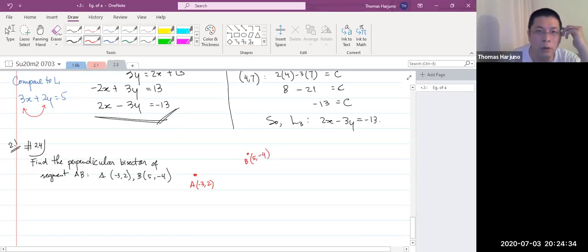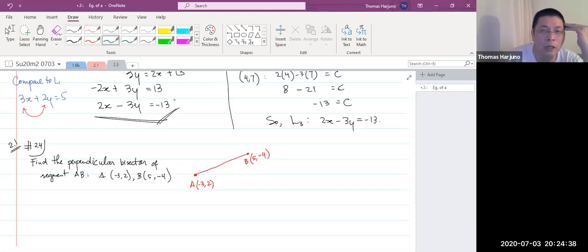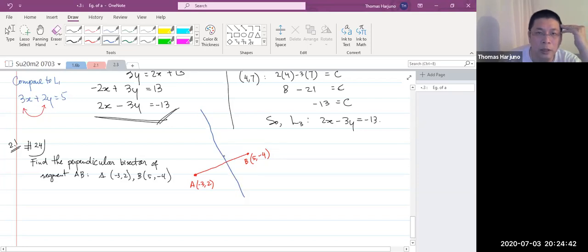Now the perpendicular bisector must be the line perpendicular to that, right? Okay, but going through the midpoint. Okay, this is the midpoint of A and B. The slope must be negative reciprocal, but going through the midpoint.